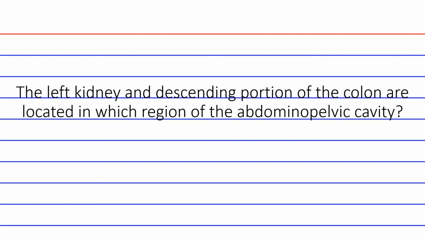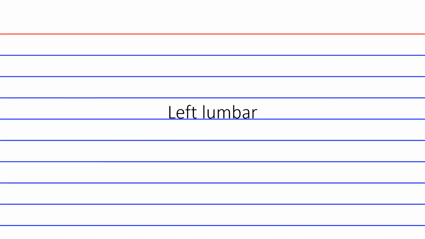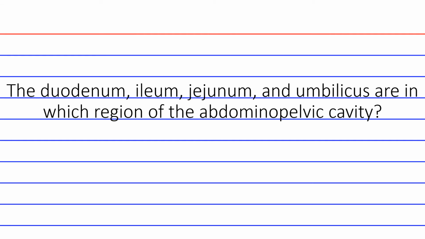The left kidney and the descending portion of the colon are located in which region of the abdominopelvic cavity? The answer is the left lumbar. The duodenum, ileum, and the jejunum and the umbilicus are located in which region of the abdominal pelvic cavity?